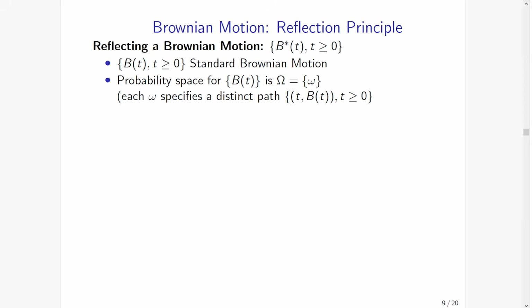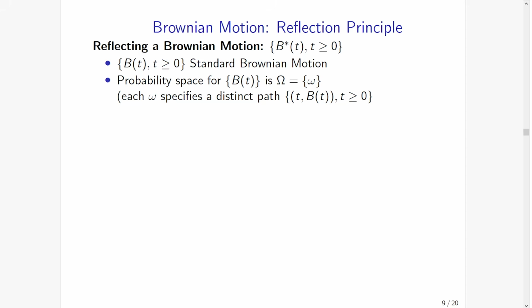Now, there's a reflection principle in working with Brownian motion that is very powerful. This is an example where the mathematical theory is a bit tricky, but if you're clever at solving the problem, you may find an elegant, simple solution.